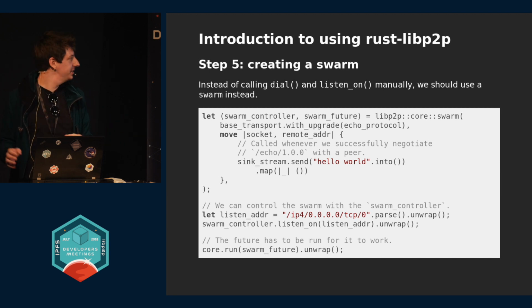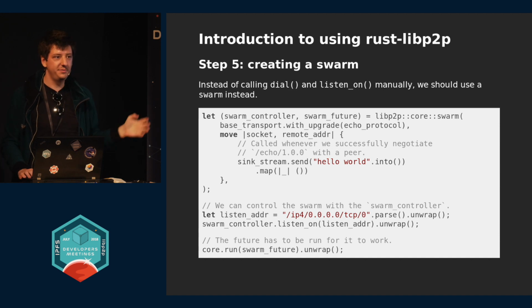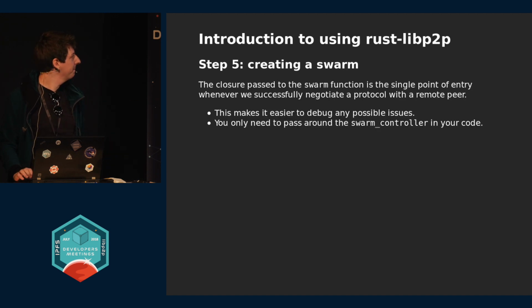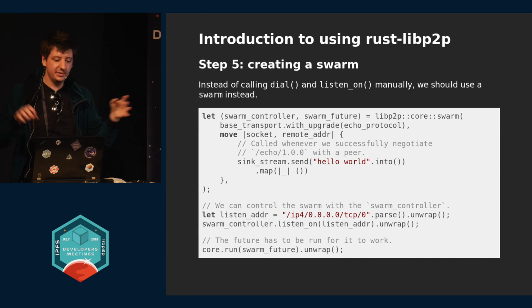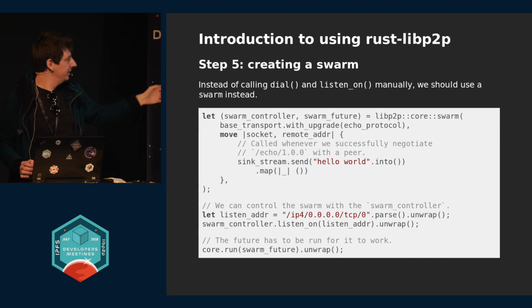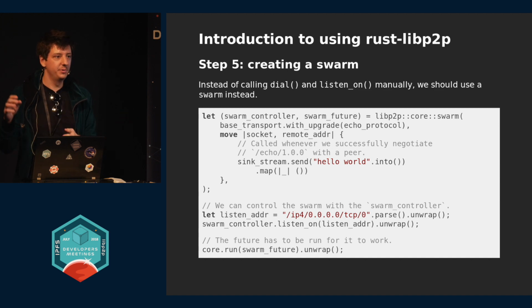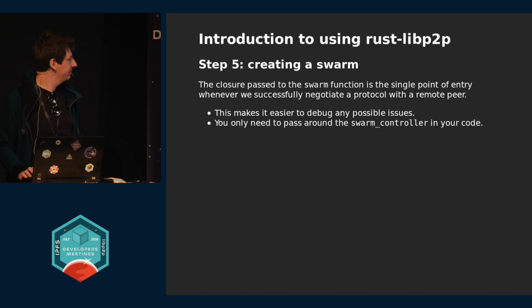You can log this. You can use it for statistics and so on. For example, if you want statistics about the number of connections, you can just tweak this closure, and you don't have to modify Rust libp2p itself. And once you have your swarm controller, you can pass it all around your code. That's the single entry point for when you want to dial or listen with the swarm controller.